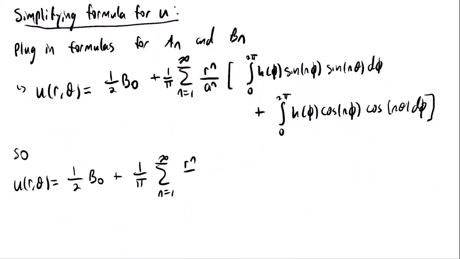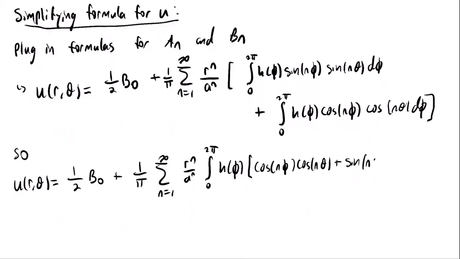We get r to the n over a to the n, integral from 0 to 2 pi, h of phi times cosine of n phi cosine of n theta plus sine of n phi sine of n theta, d phi.